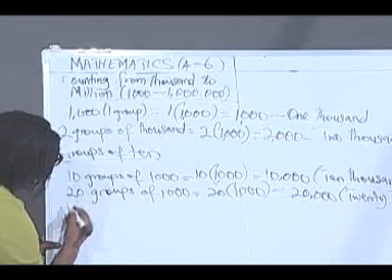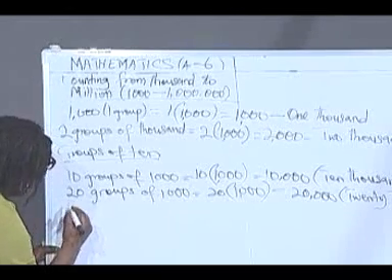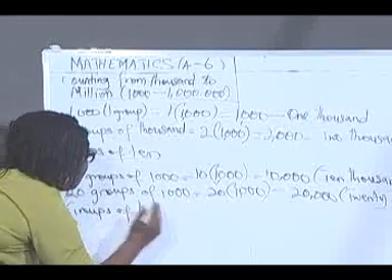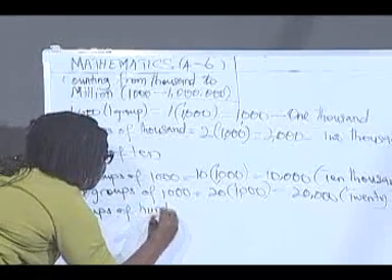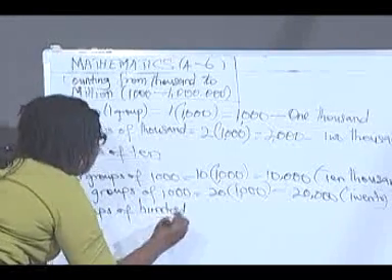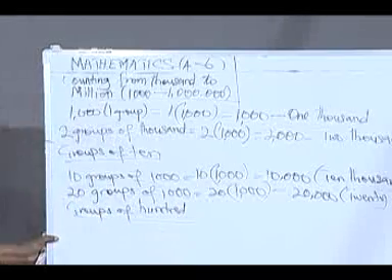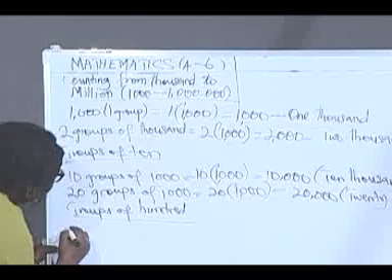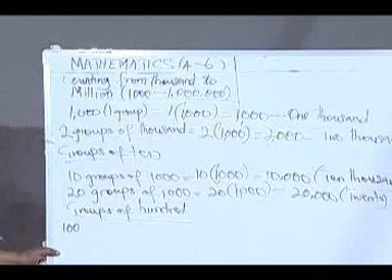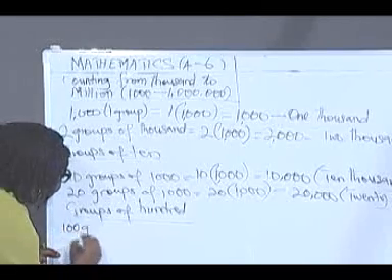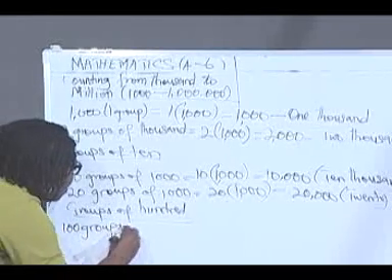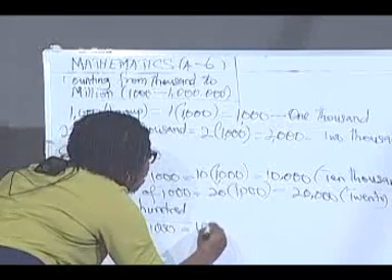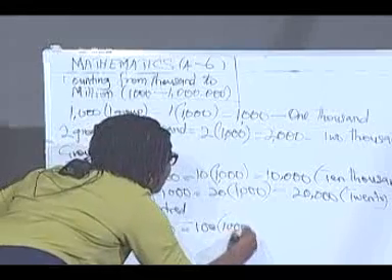In groups of 100, we say groups of hundreds. Which means if we count in groups of 100, now we say 100 groups of 1,000, which will be 100 multiplied by 1,000.